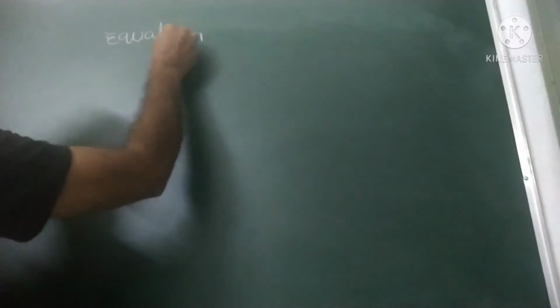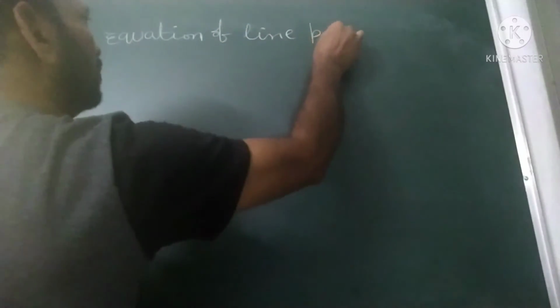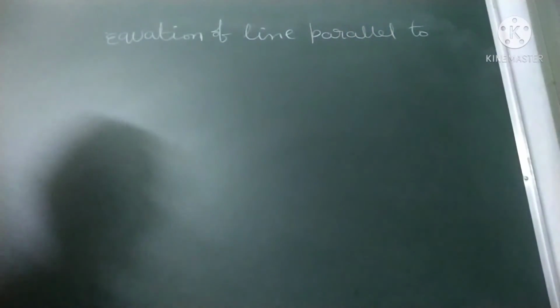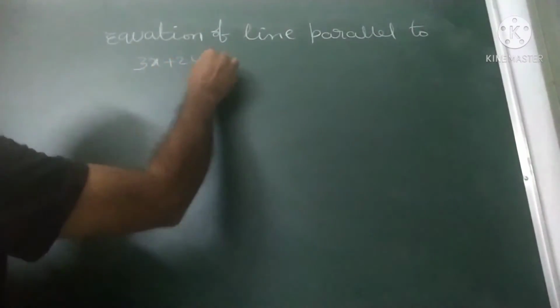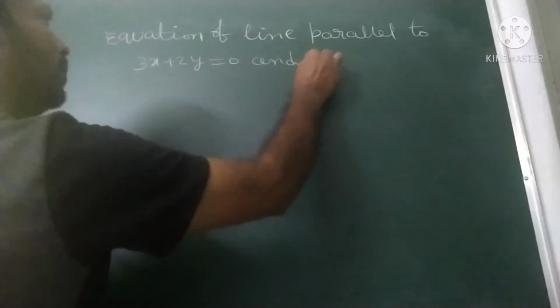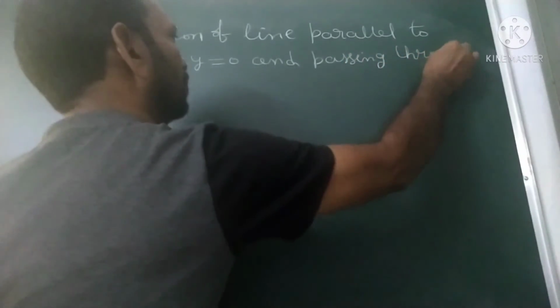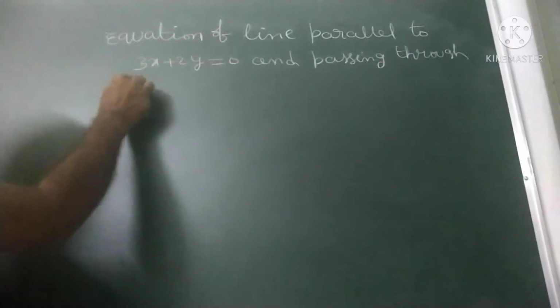Now, the equation of the line parallel to 3x plus 2y equal to 0 and passing through (-1, -1).